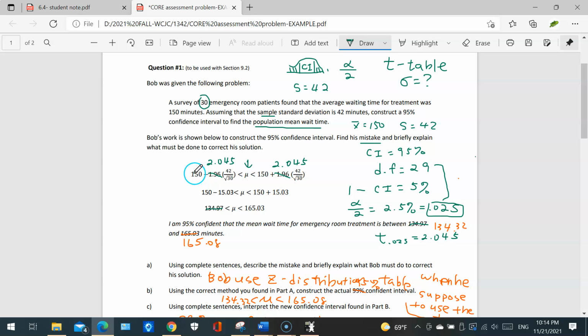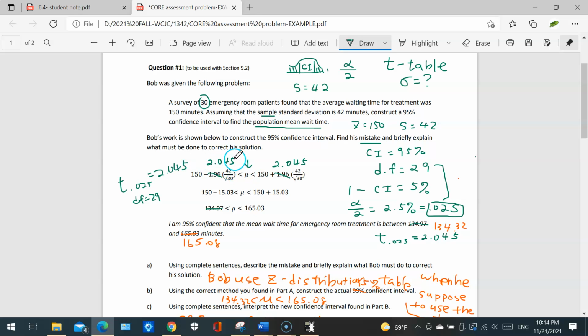So we use the sample mean point estimate plus or minus the t-score of 2.045, because when you have the t probability 0.025 and degrees of freedom equal to 29, the t-score is 2.045. You can look at your t-table.